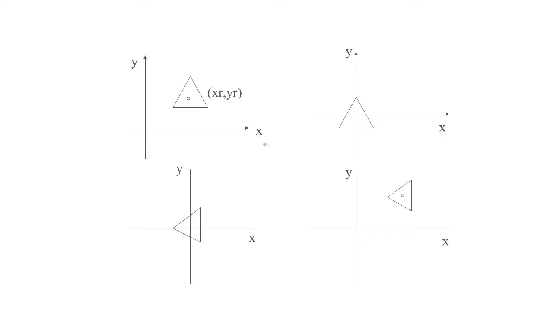The sequence of steps for rotating an object about a fixed point is given below. Translate the object to the origin from its original position, as shown in figure two. Then rotate the object about the origin, as shown in figure three. Then translate the object back to its original position from the origin. This is called rotation about a fixed point.